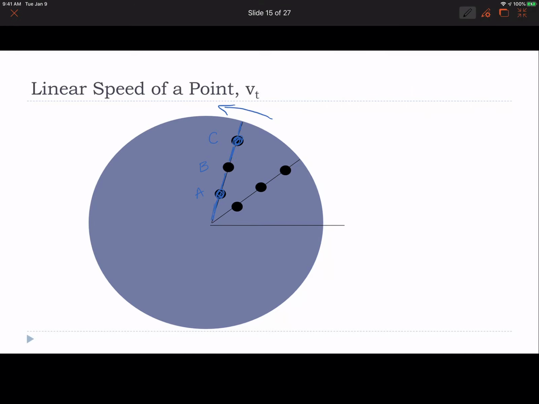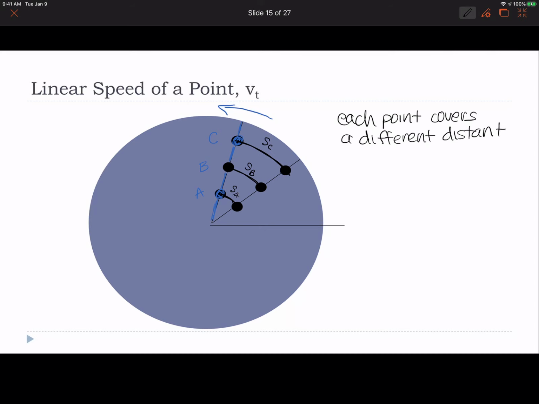If I go back and measure their distance covered, A covers a smaller arc length than B as compared to C. So this would be the arc length of C, the arc length of B, and the arc length of A. Each point covers a different distance. And since we know that velocity in general is the distance covered over the time, there should be a different speed for those objects.